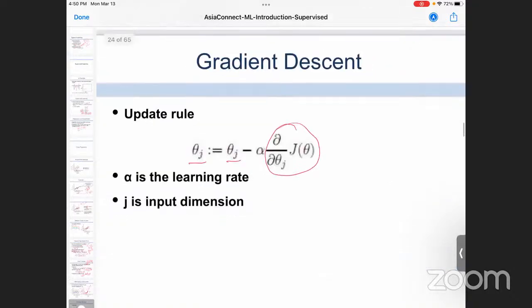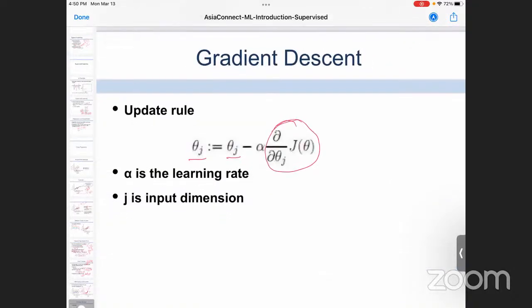So you are finding a derivative of J theta and multiplying it with alpha. Alpha is called the learning rate. So how fast you want to move down, or how fast you want to move towards the solution. This is alpha.